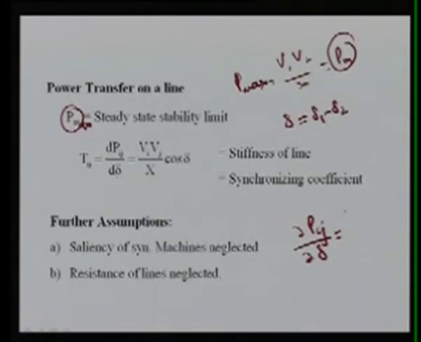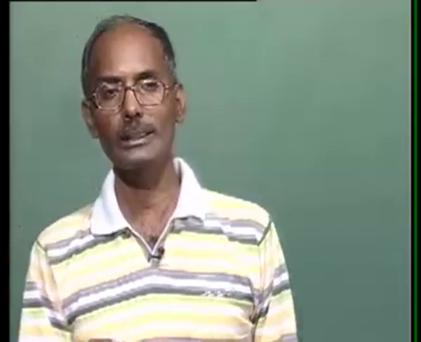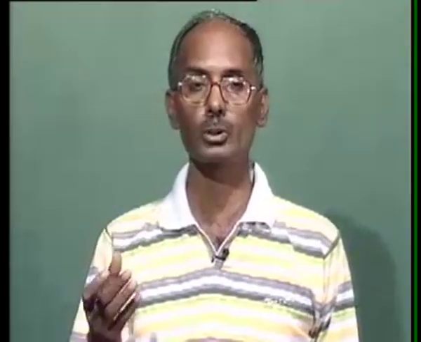Differentiating this, we get Vi Vj upon X, cos delta. This coefficient is called the stiffness of the line, or the synchronizing coefficient of the line. This term gives you an idea of the stiffness constant of the line, which is very important to know how stable your system is.